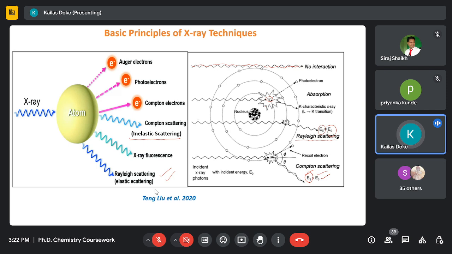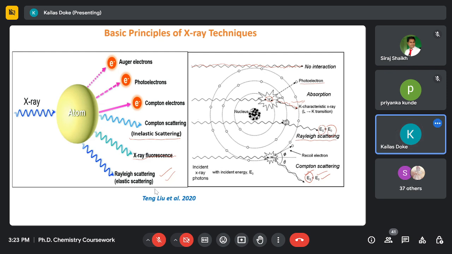To regain stability, an electron will jump from the next energy shell to the inner shell, and the energy difference is released in the form of radiation, called a secondary X-ray. That phenomenon is called X-ray fluorescence. Each X-ray technique has a different principle, and I'm going to explain them one by one.